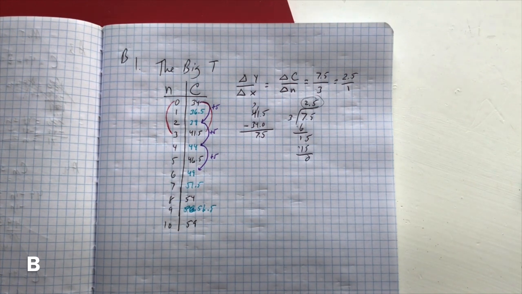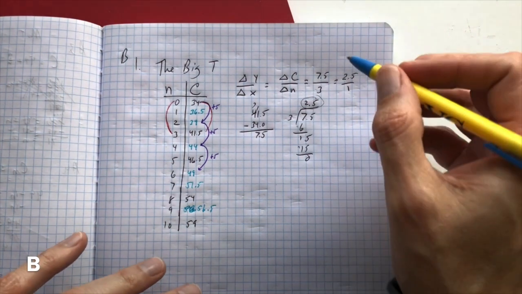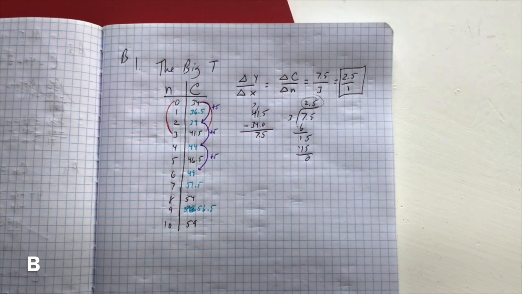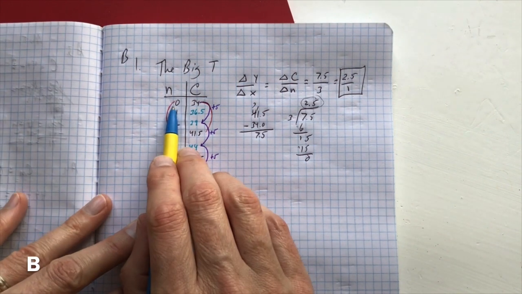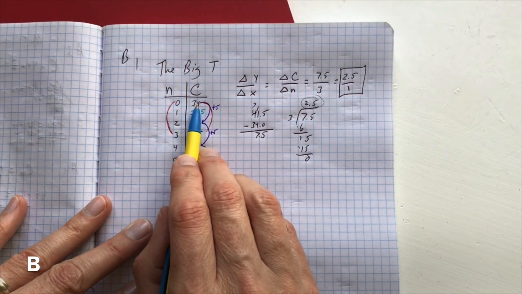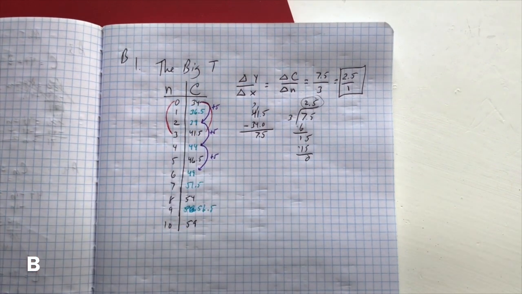Now, that's a lot of work to go through and sort that piece out. But what can we do for our equation? Well, what's the unit rate? Remember, the unit rate is 2.5 over 1, meaning the cost of one shirt is $2.50. So we have a y-intercept, though, of 0 going in for the number of shirts is going to be $34. So we need both of those pieces.